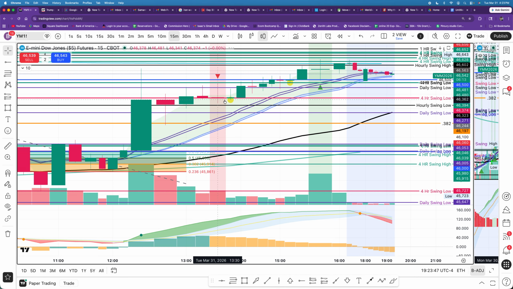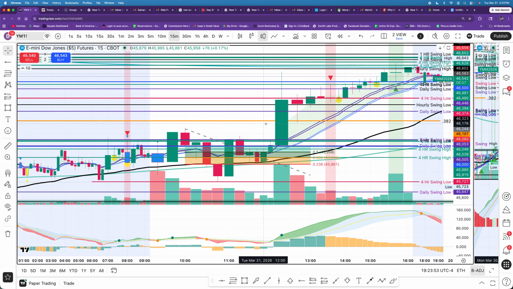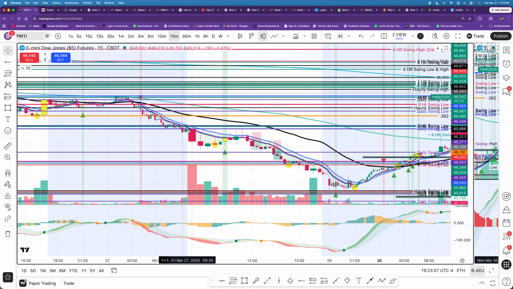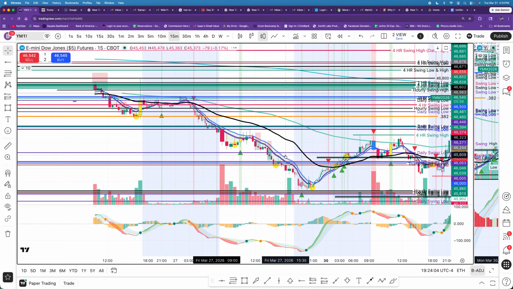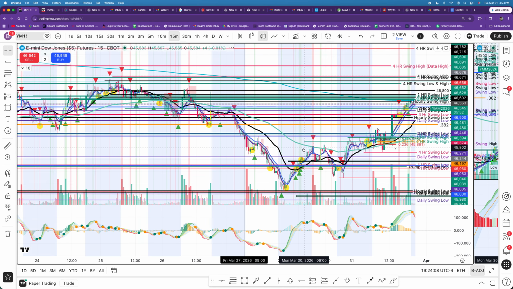Let's look at the 15-minute chart here. This is your 8-9 in purple, and this is your 13 in blue. So when price is trending down, it does tend to respect these levels here. And when price came down here and started putting in a W pattern, which you can kind of see, let me put on lines here.